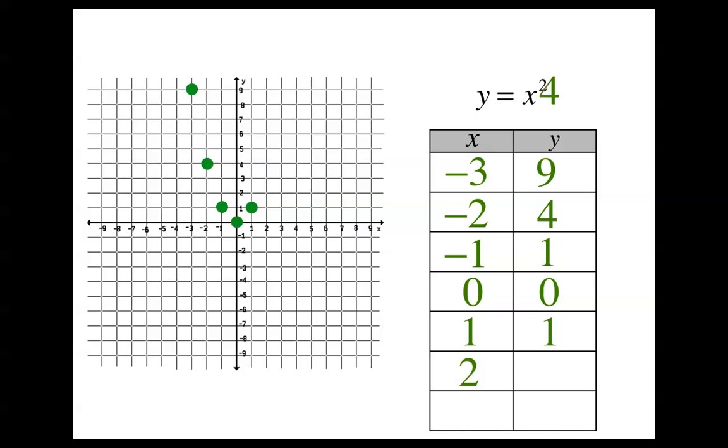What's 2 times 2? 4. Okay. And if I do 3 times 3 for 3 squared, I get 9. Look what happened here. It made a symmetrical little thingy where if we connected all the dots, it's like a U shape of some kind. Interesting. Definitely not a linear function, is it?